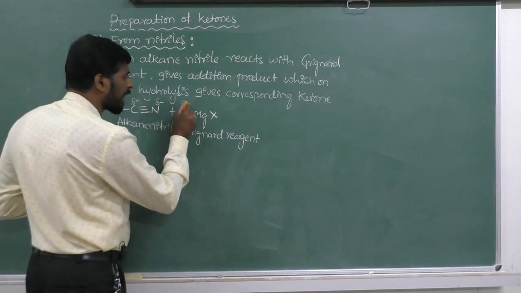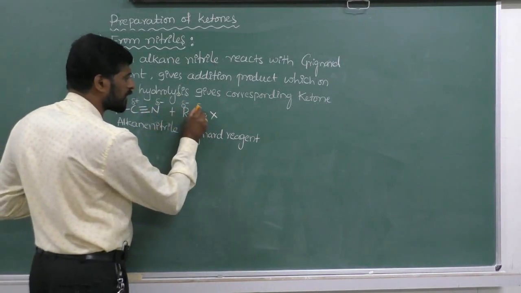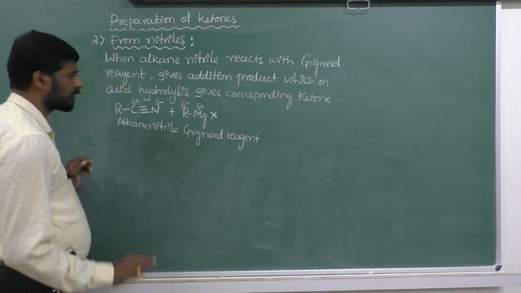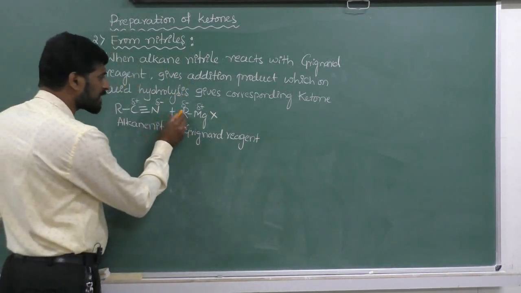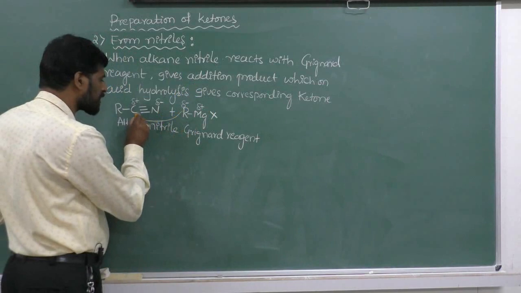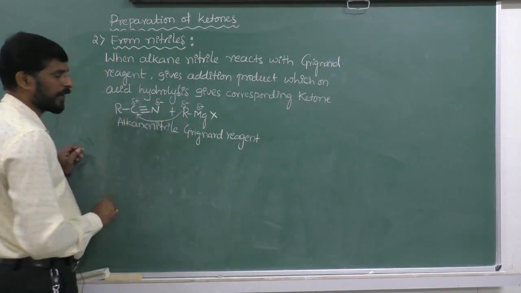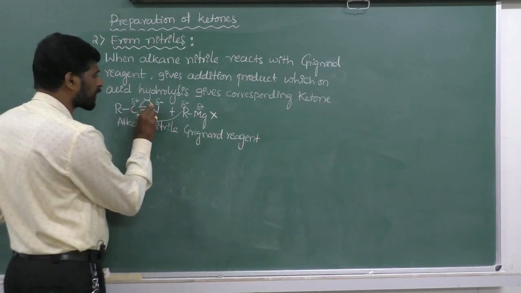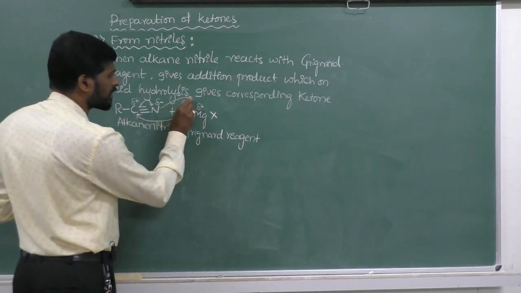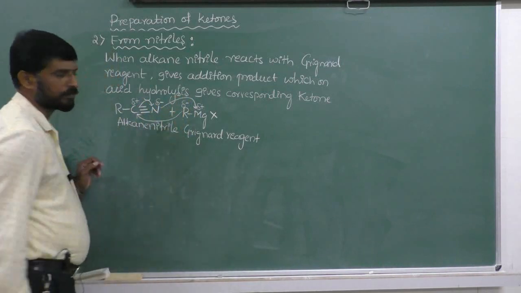Now the R group has a partial negative charge, Mg has a partial positive charge. Now what happens, see, this R attaches to this carbon atom, this bond is shifted to nitrogen, and this will attach to this.